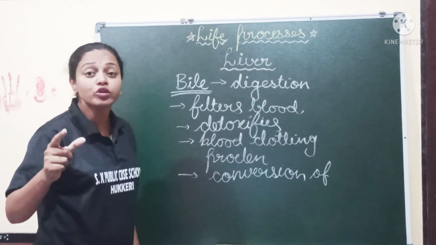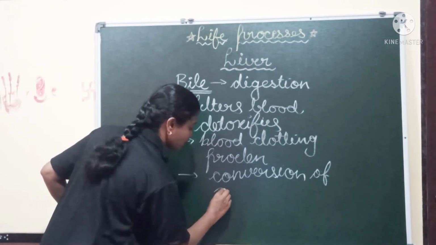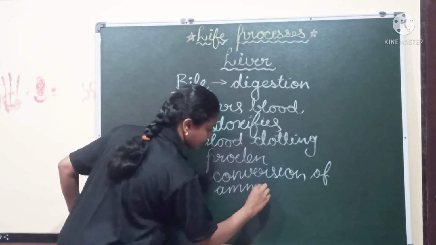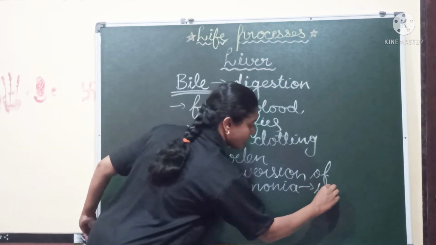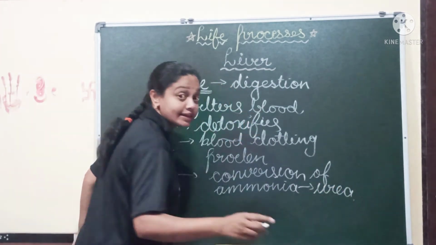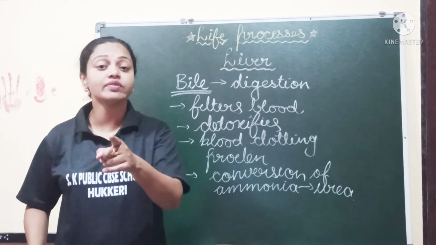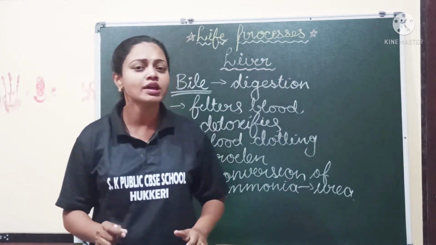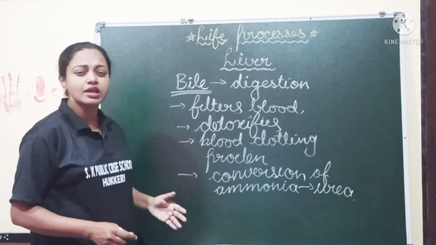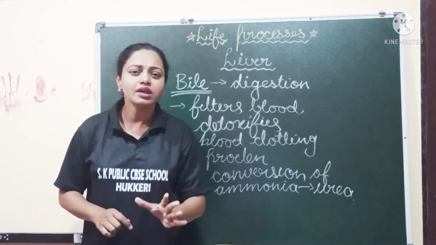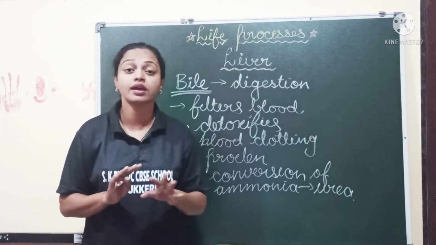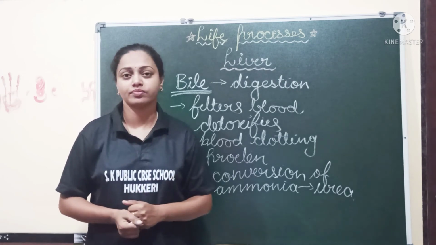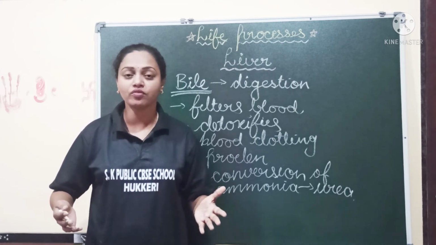Conversion of ammonia to urea takes place in the liver only. Hope you have understood about the liver. These are the vital functions of the liver, so we cannot neglect it. We have to take care of the liver.